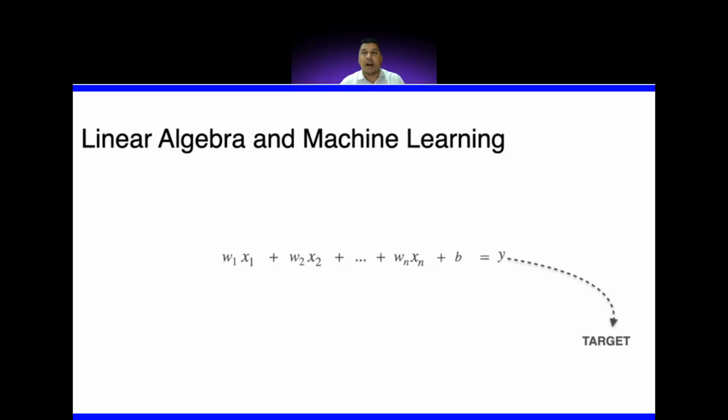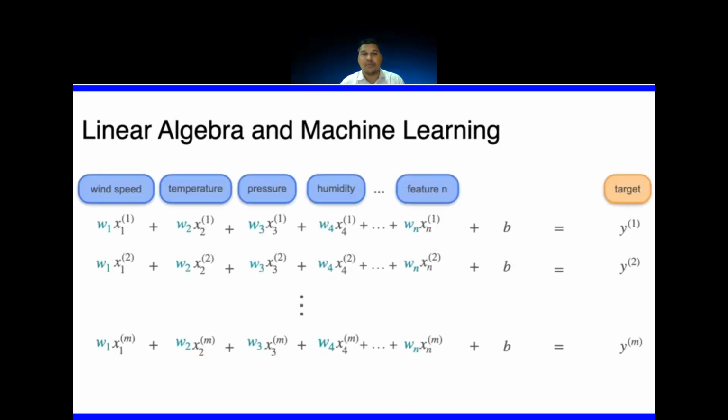Let's see how I convert this set of equations. How did I get this equation? From the machine learning data. The ML data, whatever I had, that only I have converted here. I have written them into equation form, where W1, W2 are unknown, which is my target to find out.